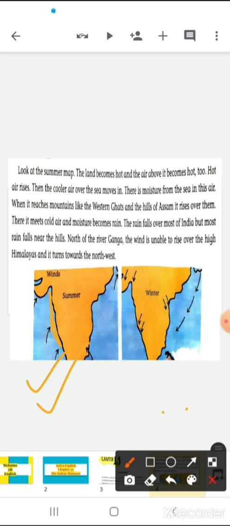The rain falls over most of India, but most rain falls near the hills. North of the river Ganga, the wind is unable to rise over the high Himalayas, and it turns towards the northwest.